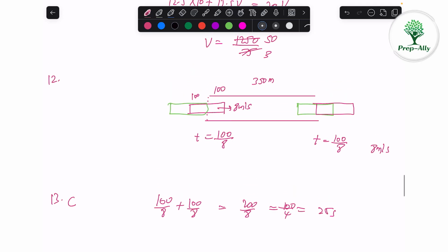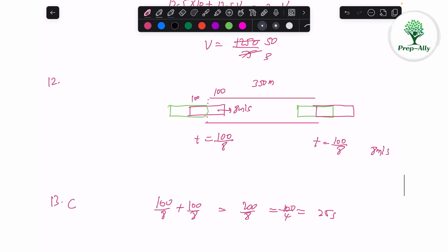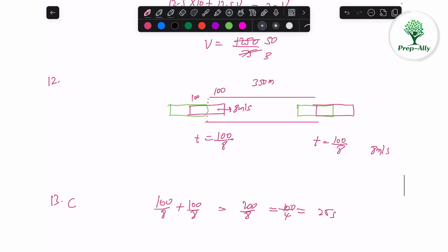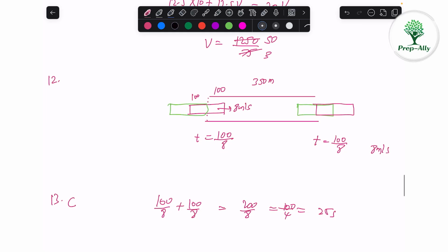Now they are asking for what duration of time the speed is 5. Now the driver changes the speed of the train to 5 meters per second if more than half of the train is on the bridge. So from this time to this time.